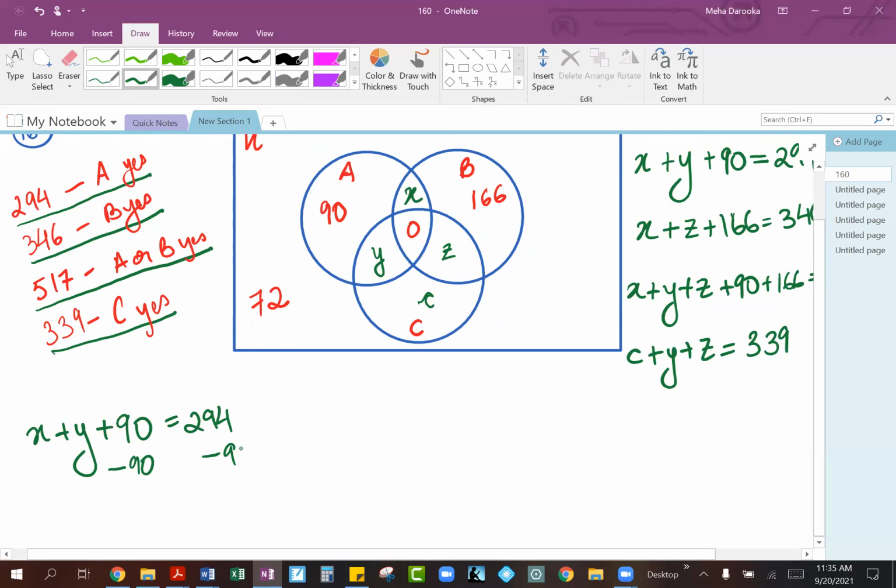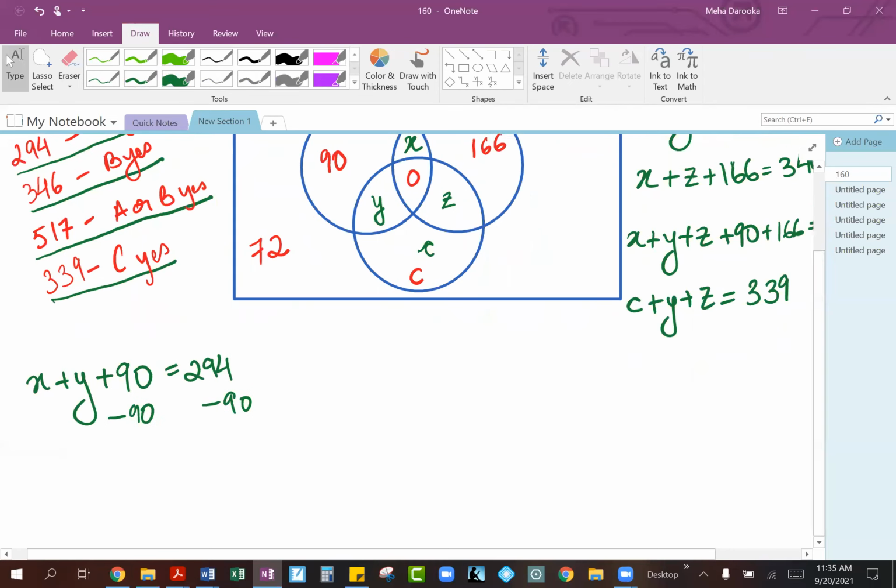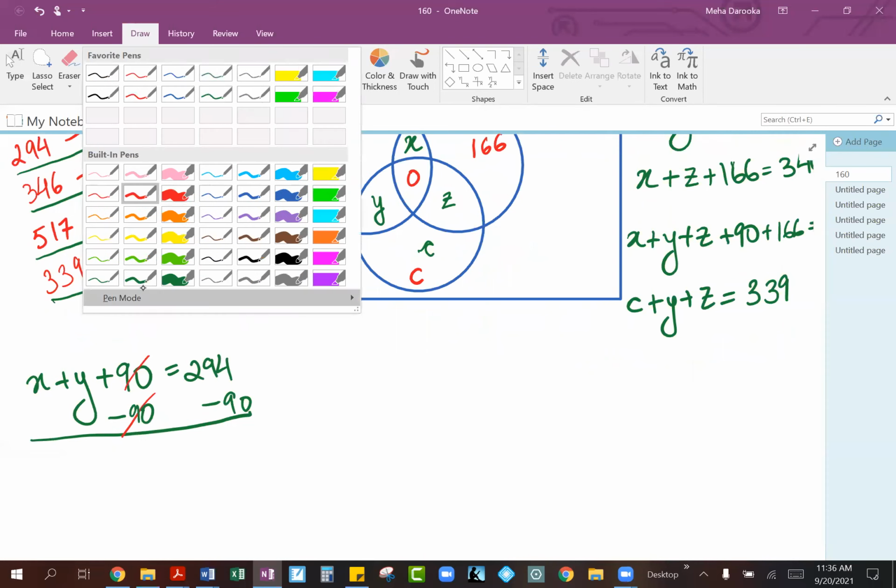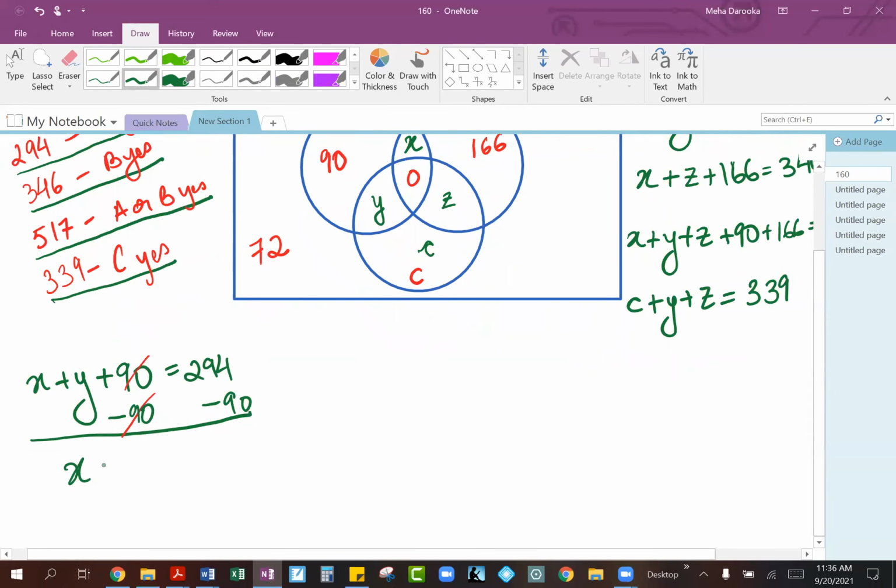So go ahead, subtract that 90, move it to the other side, and this side will cancel out. We are left behind with X plus Y equals, what will that be, 204? And let's call this equation 1.